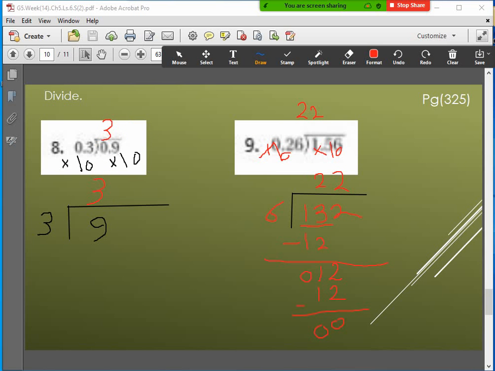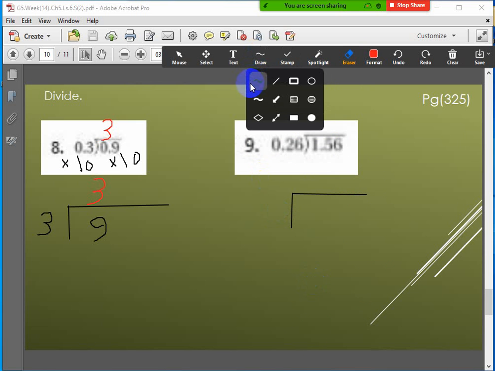Okay, what's your question, Larissa? No, you asked me this before and I told you when we divide decimals, there is no remainder. Okay? If you divide, why?